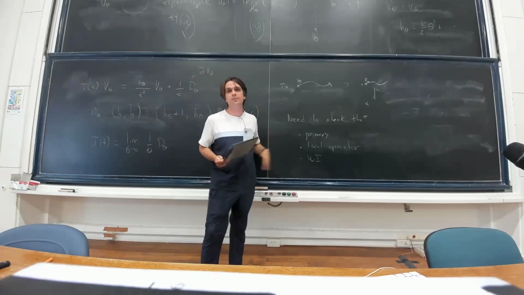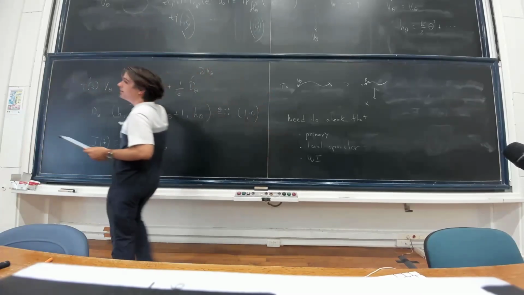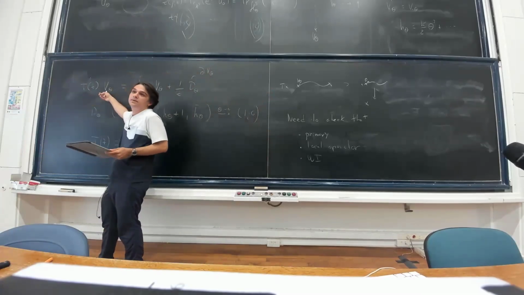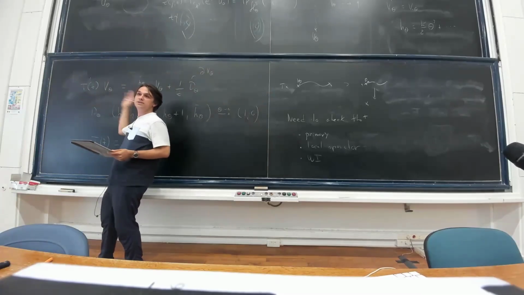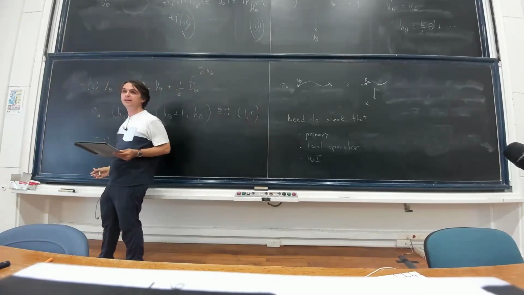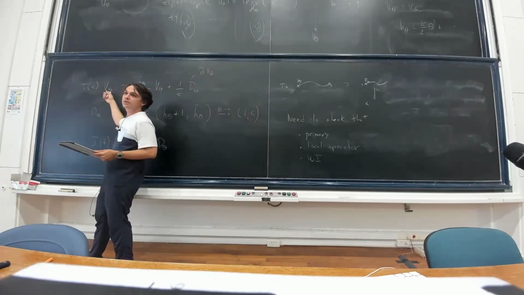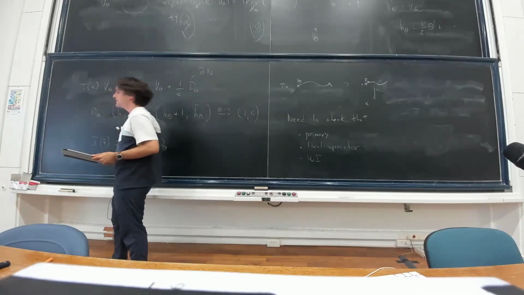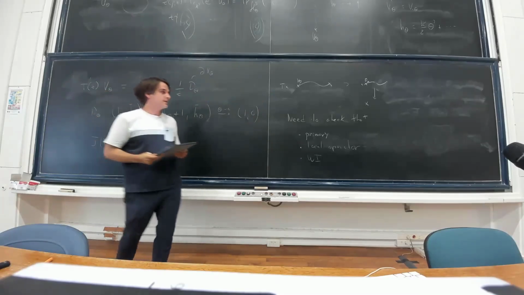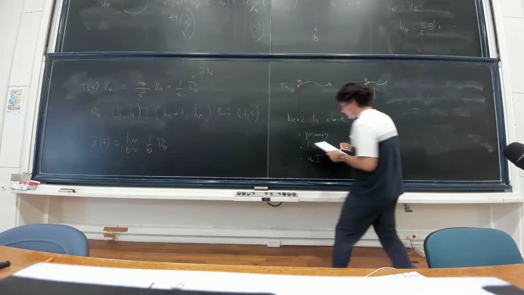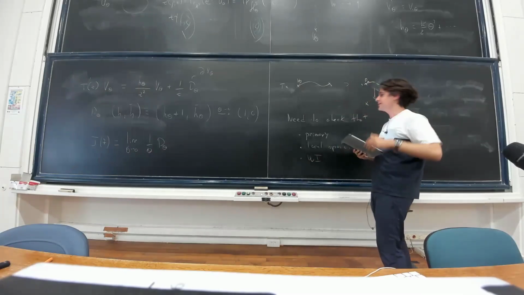So how do we check that it's a primary? We just take this OPE, you take a derivative, right? Because the OPE converges exponentially well. You have a split spectrum. So we just take a derivative with respect to the position of this operator, and then take this limit. And then if you do that, you just find... Okay, I was planning to do this calculation, but I don't think I have time.